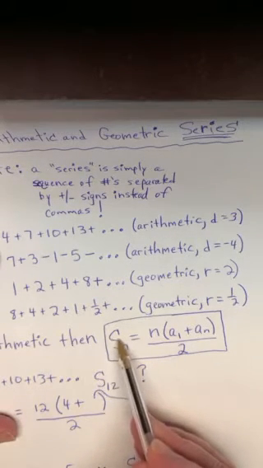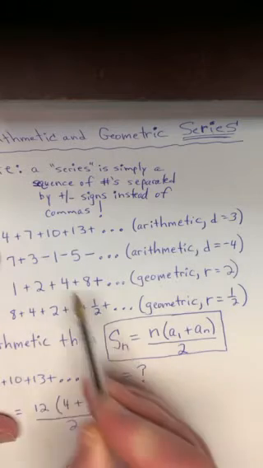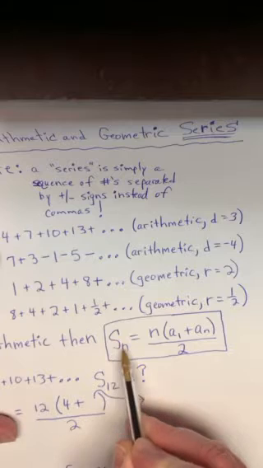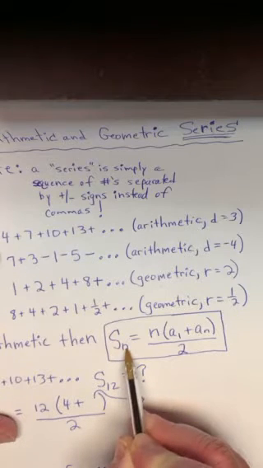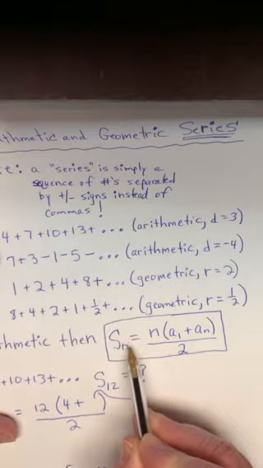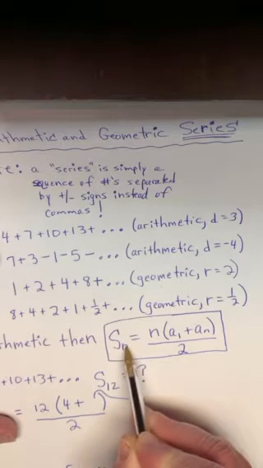Capital S stands for sum, right? So what if I took an arithmetic series and I said, let's sum the first n numbers together? If I said to you, what's the sum of the first 38 numbers, then n would be 38, wouldn't it?